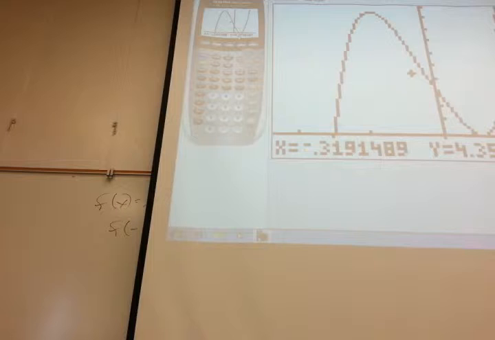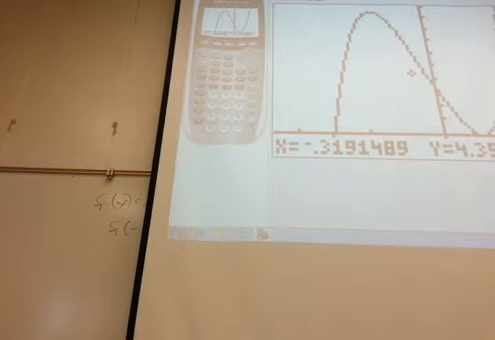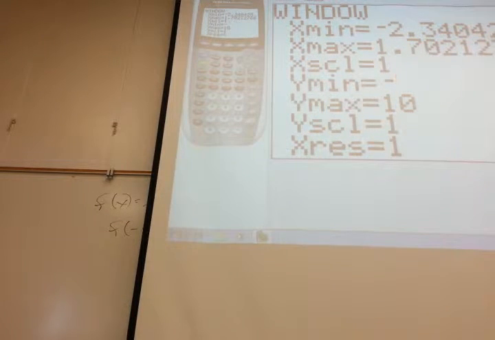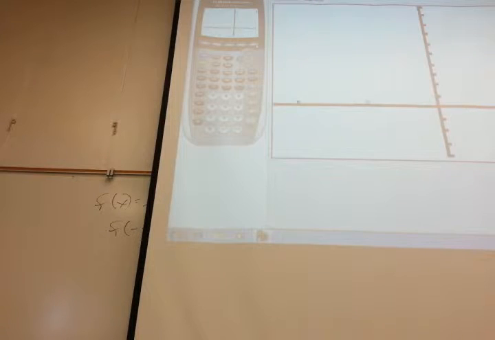Now, this is a real technical point, but I'm going to give myself a little more room. It's a little weird when the x-axis is so far down, because then the questions they ask will sometimes overlap it. So I'm going to go to Window and just make my y min maybe negative 4, just to give me a little more room here. You guys see that? Did you have to do that? No. Do I have to tell you that? No.